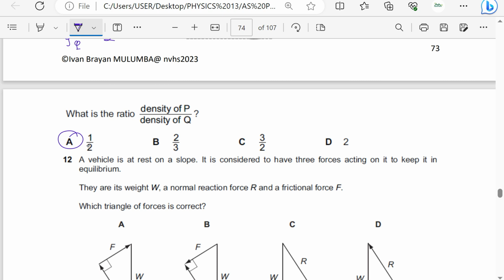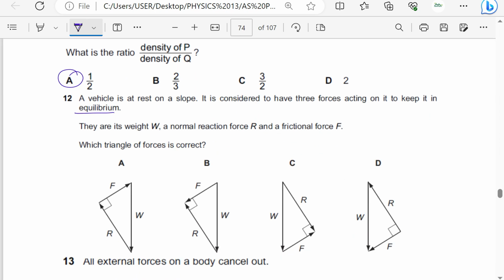The vehicle is at rest on a slope. It is considered to have 3 forces acting on it to keep it in equilibrium. They are its weight, normal reaction, and friction force. Which triangle of forces is correct? So we check to see which one is a perfectly closed triangle for equilibrium. If I move around the weight, I think this is closed.